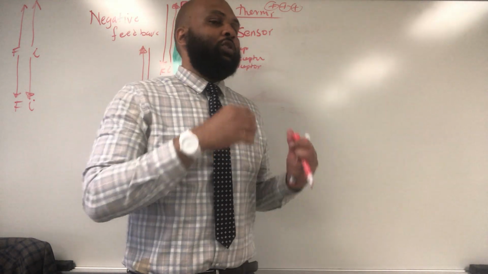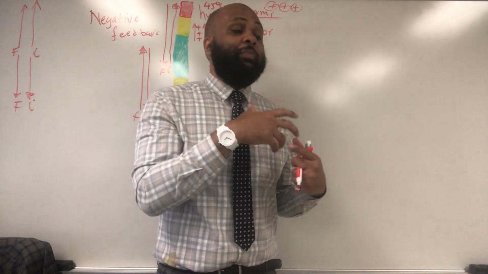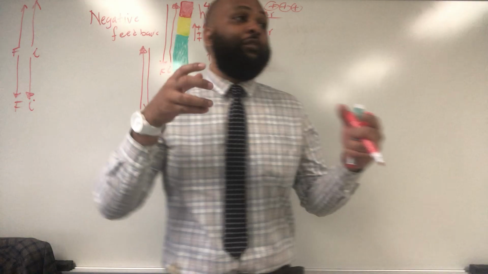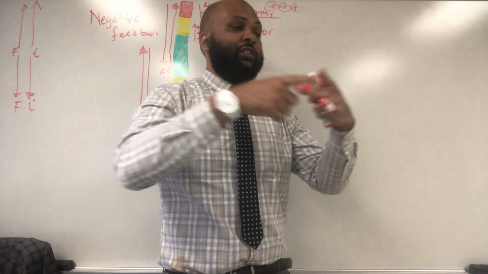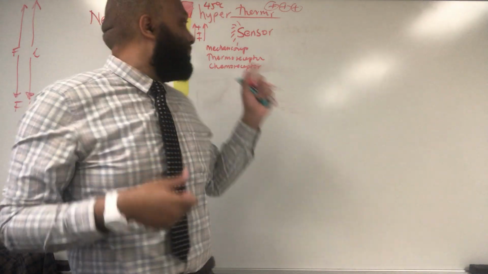Where do we have mechanoreceptors? In the heart. So when the blood is coming out from the heart into the aorta, which is the biggest vessel, if so much blood is coming out, there will be excessive stretch of this aorta. That stretch will be detected by mechanoreceptors.